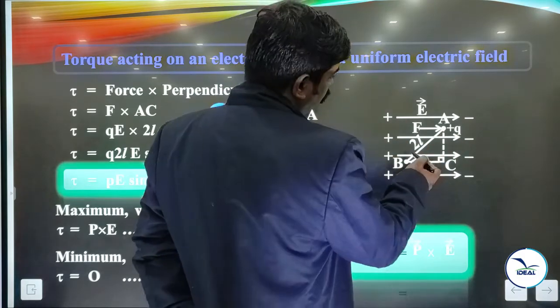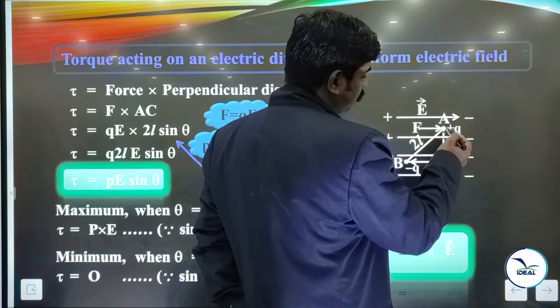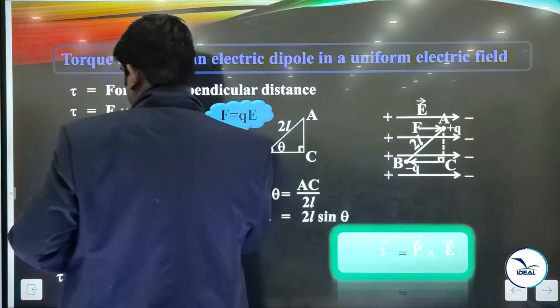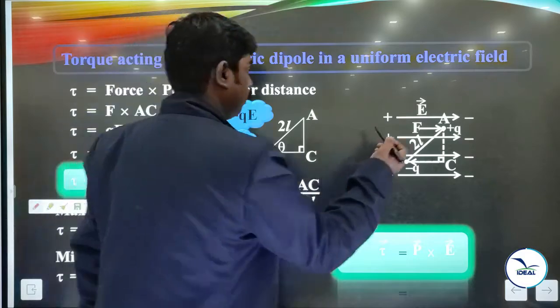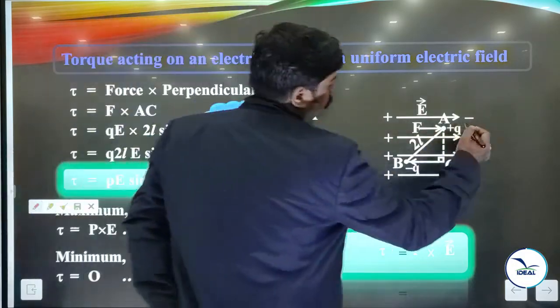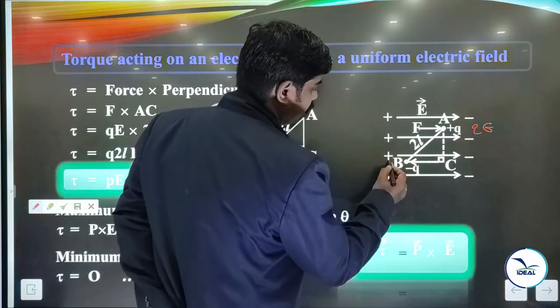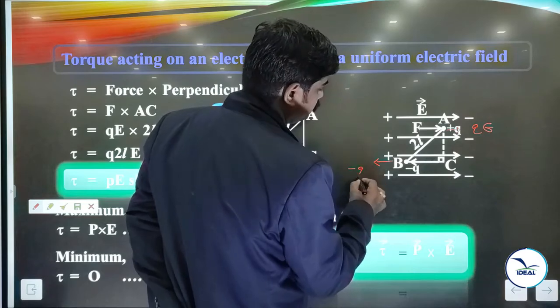Then there is a force acting on these two charges. In the case of the positive charge, it is plus QE, and in the case of the negative charge, it is minus QE.